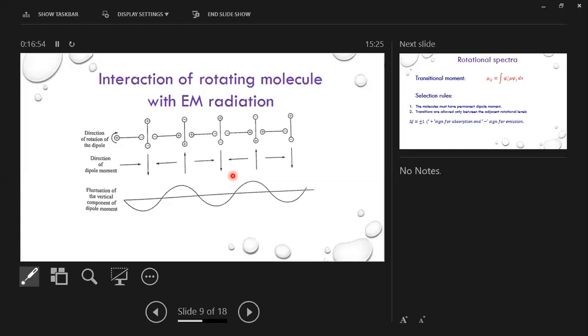Other examples are CO2, CS2, etc. Even isotopic substitution does not produce any activity. In the case of CO2, we can take carbon 12 or carbon 13, but that will not affect its rotational activity, because its rotation does not lead to a change of dipole moment that will interact with the external radiation.